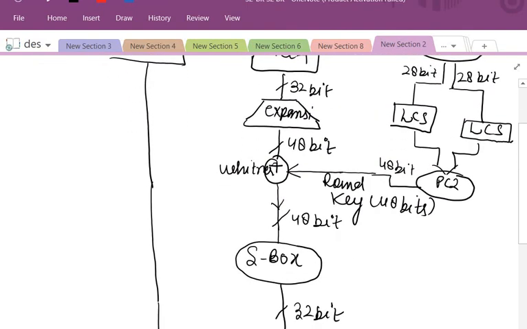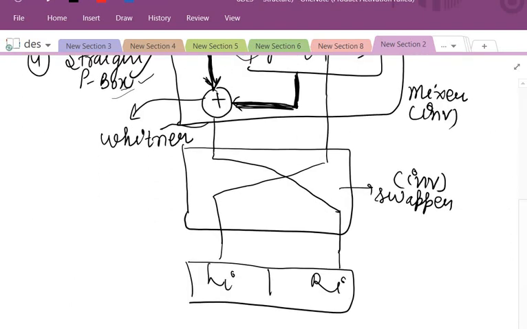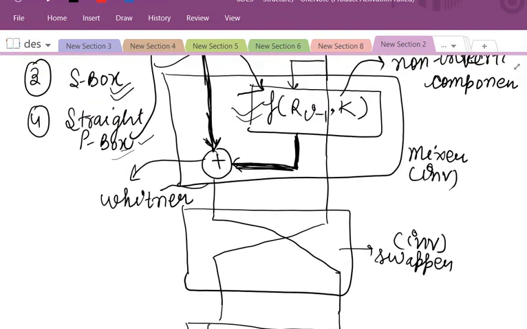The right hand side operation, that is Ri minus 1, which is 32 bits, is getting XORed with the XOR function. So what was the swapper? I was confused over there.